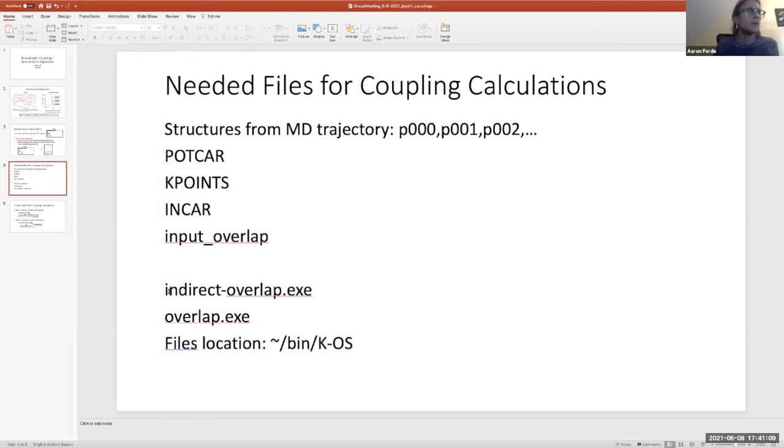And then the scripts which compute the couplings are indirect_overlap.exe and overlap.exe, and those are located in the bin directory. The general Fortran scripts reside in there as well.